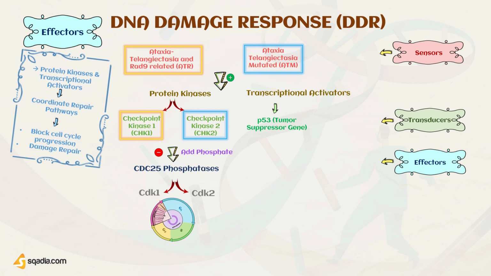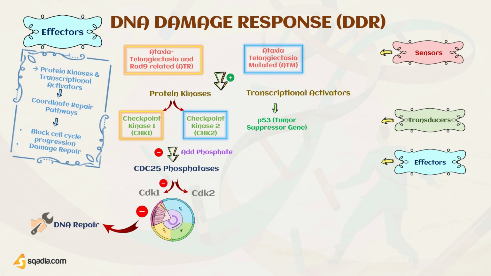When CDC25 phosphatase is inhibited, it can no longer activate CDK2 and CDK1. This leads to cell cycle arrest, which means the cells stop dividing and focus on repairing the DNA damage instead.